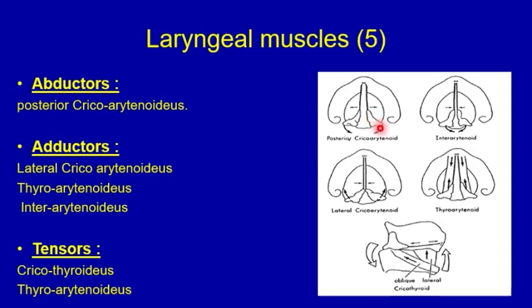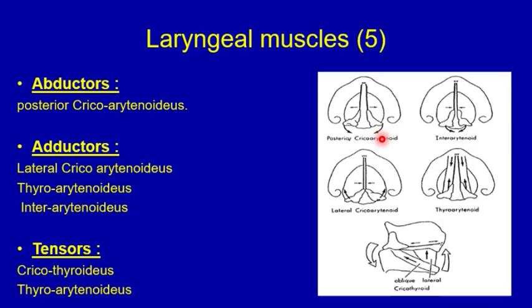If a muscle is attached to the posterior part of the muscular process and pulls it posteriorly, this would move the vocal process laterally, and this would open up the vocal fold. On the other hand, muscles attached to the anterior part of the muscular process would rotate the arytenoid cartilage medially and close the vocal fold.